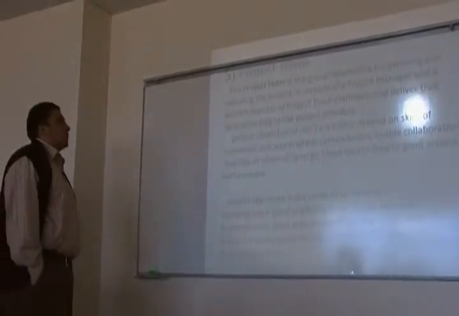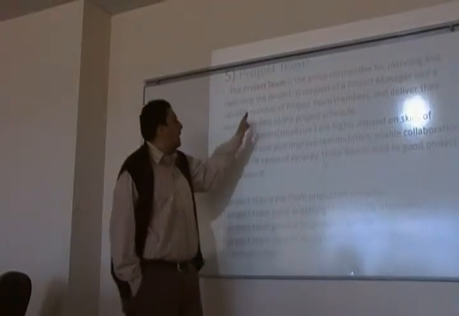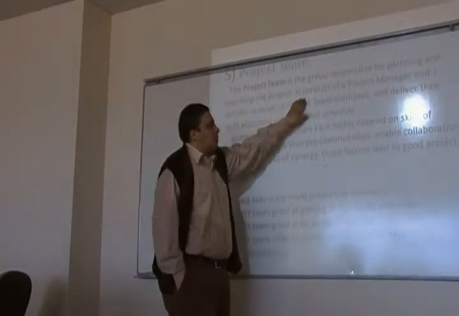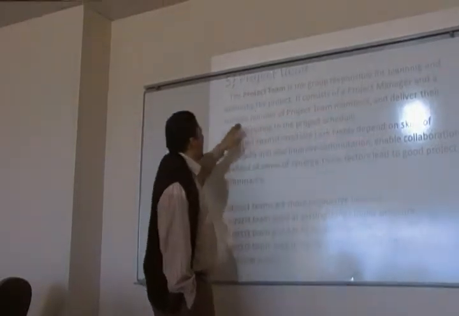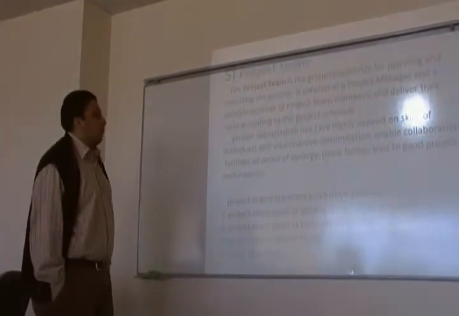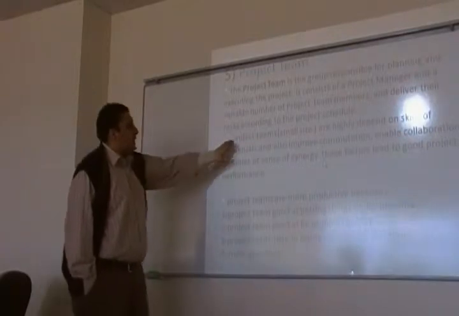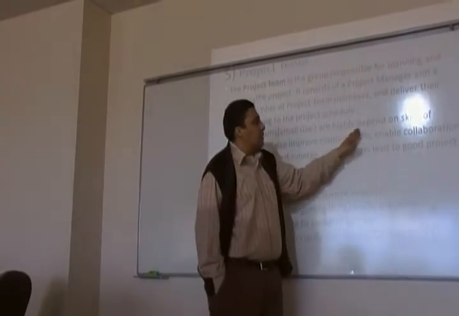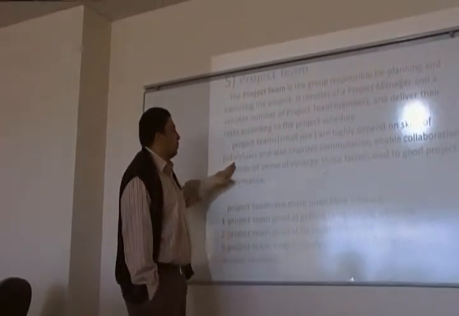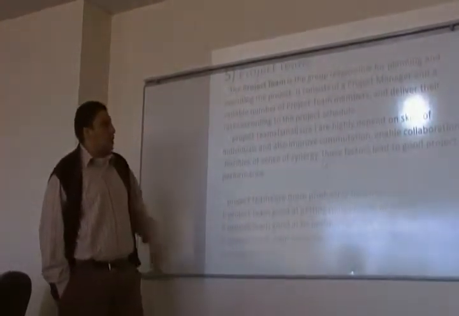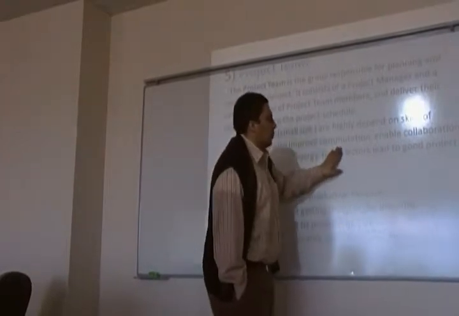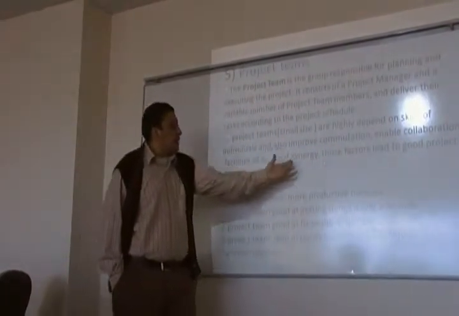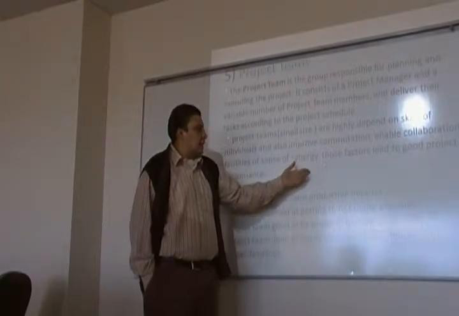Project team. A project team is a group responsible for planning and executing a project. It consists of a project manager and a variable number of project members. Project teams of small size are highly dependent on the skills of individuals, and also improve communication, enable collaboration, and facilitate a sense of synergy or stimulation.